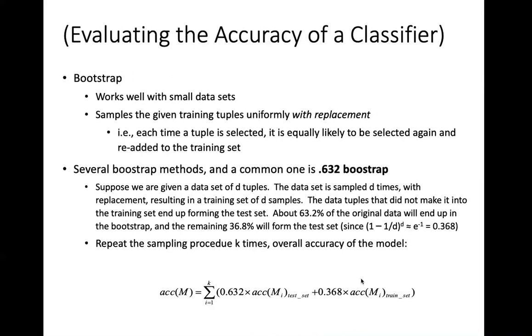You get an accuracy given by the summation over all the k folds of 0.632 times the accuracy plus 0.368 times the accuracy of the training set, and so on. If you sum it up, you will get that.